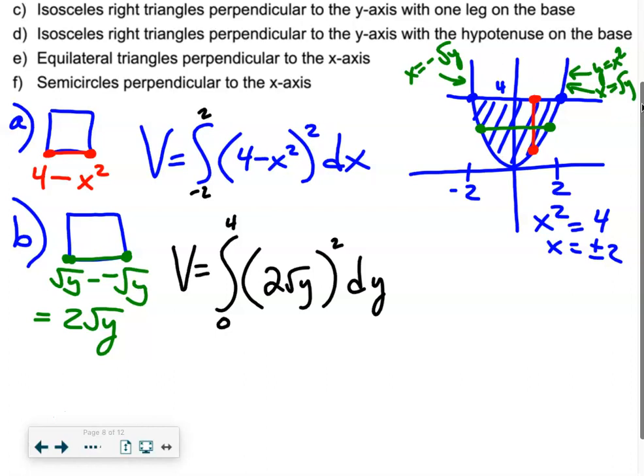Those are squares. This one is kind of funky, but this would be isosceles with a leg on the base, right? Versus these, which look more like equilateral, but pretend they're isosceles, and the hypotenuse is on the base. So this would be if it was a leg; if it was the hypotenuse, it would be like that, right?